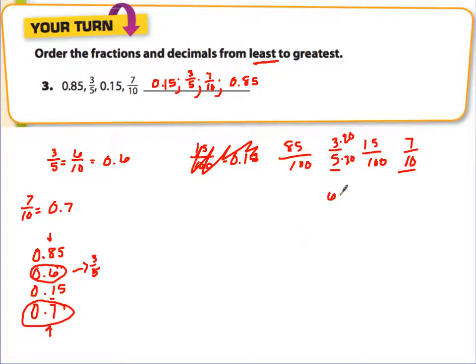So this would give me 60/100. Multiply by 10, multiply by 10, and this would give me 70/100. So then I would just compare numerators, and I know the smallest would be 15, the next smallest would be 60, the next smallest would be 70, and the next smallest would be 85. And then that would allow me to put my numbers in order from least to greatest, which it would be exactly the same.